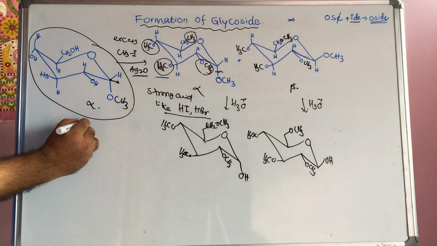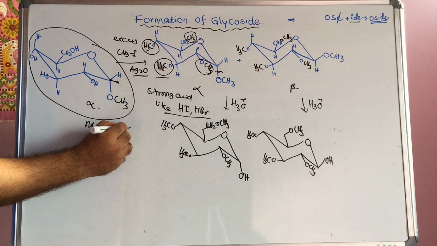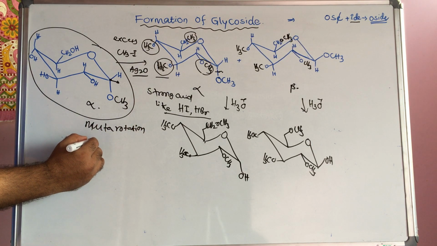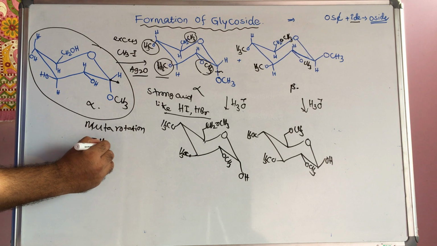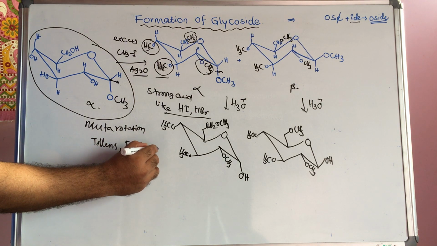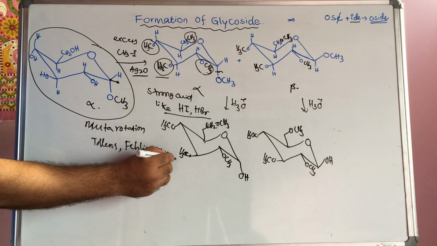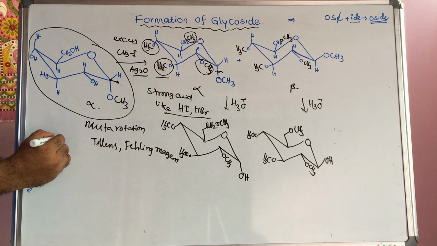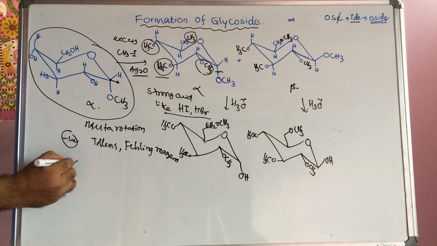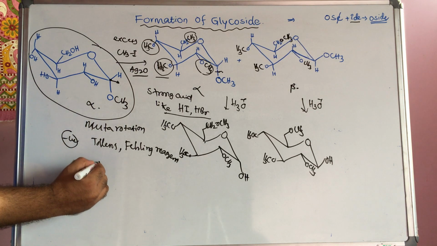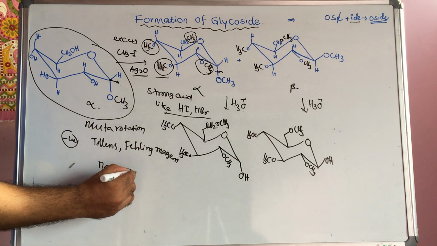These do not undergo mutarotation, and they also do not show the Tollens and Fehling reagent reaction. It means it gives a negative test, not a positive test. That's why this acetal form is a non-reducing sugar.